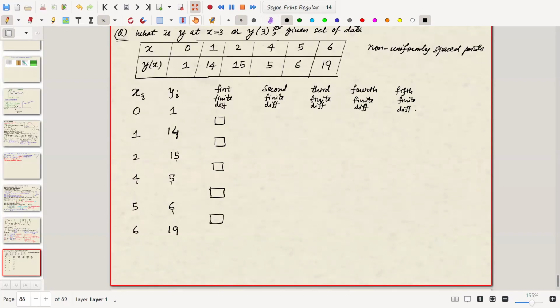Then in between these two boxes, you will have the second finite difference, and in between these two boxes, another. Can you see what is happening? The number of boxes is decreasing. Here 3, 4, 5. Here 3, 4. Now here there should be 3 boxes. In between these two, for the third finite difference, consider one box. In between these two, another.